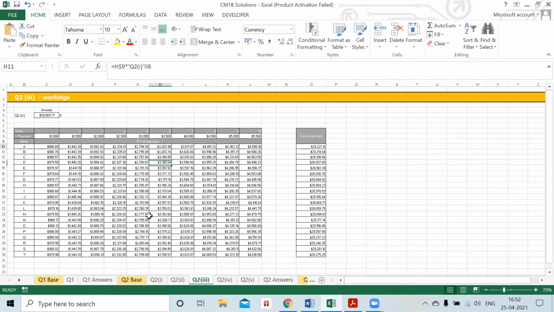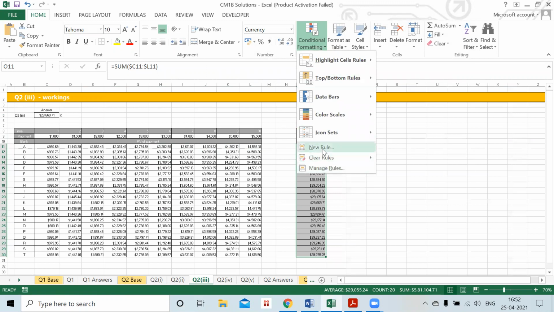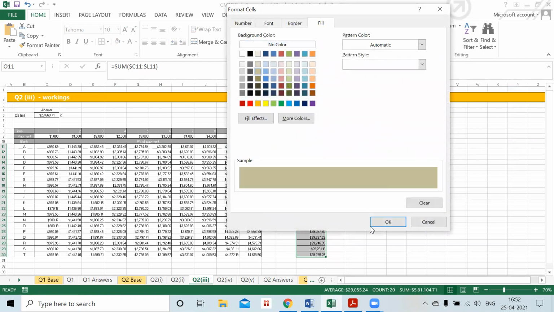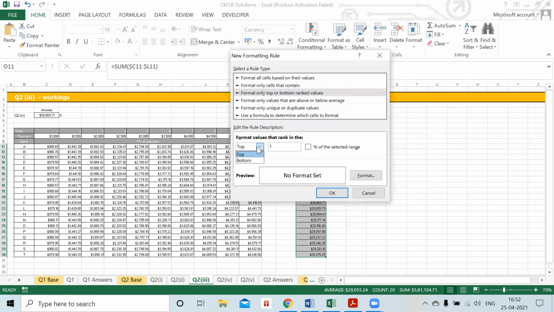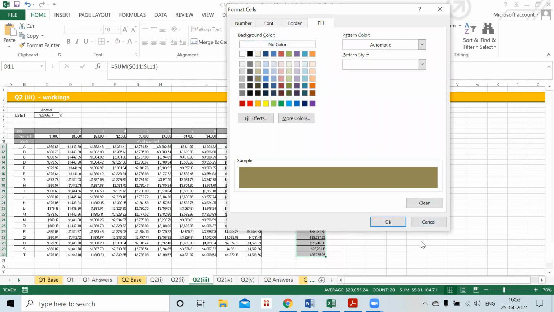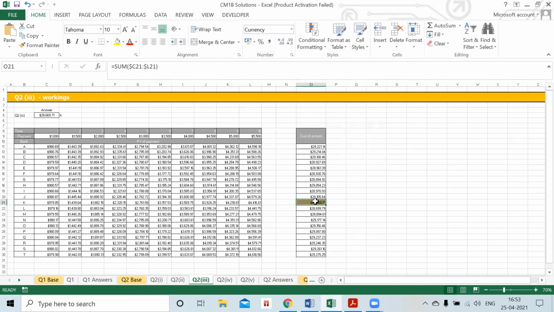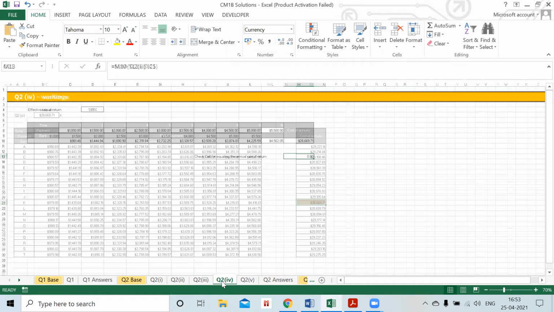Similarly, in this one also you can use conditional formatting so that it's easier to understand, and it satisfies the question, which bank provides the one at the, let me go back, cancel once. Here it's the bottom now, not the top. It has to be bottom, and just select the same color. So it's this bank, bank K, which provides at the lowest rate.